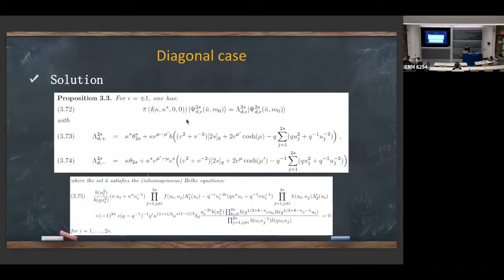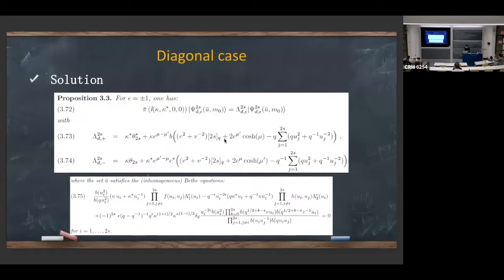It might seem too simple to diagonalize an operator like A plus A star, but as far as I know, there is no alternative solution for such a problem. How can we diagonalize A plus A star? I think the only solution that we know is via this Bethe ansatz.